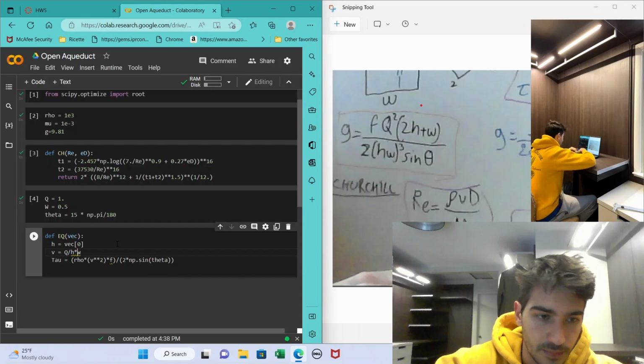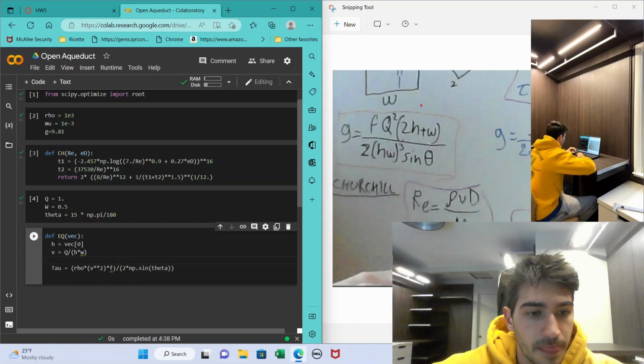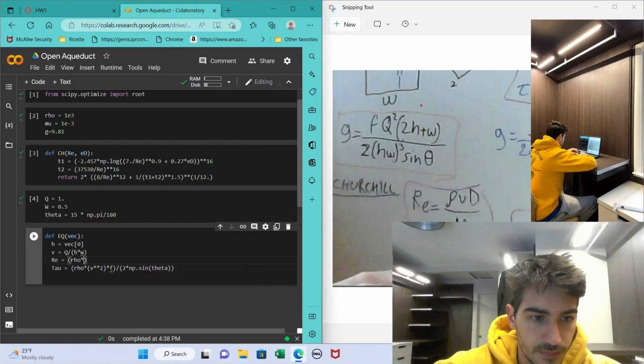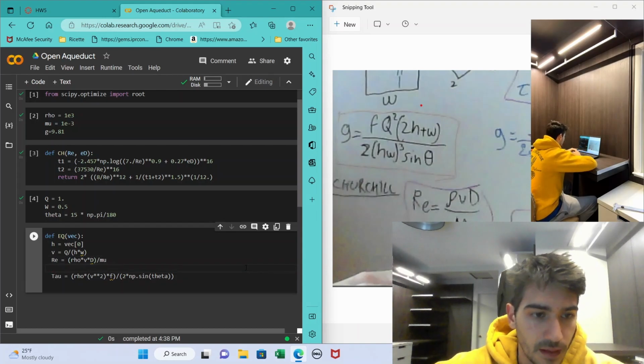Now we have a value for V. Now we need a value for the Fanning friction F. So we need, of course, Reynolds number. So Re is equal to rho V times D divided by mu. We know rho, mu, and V.